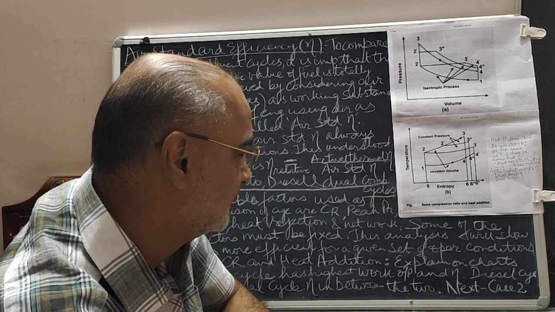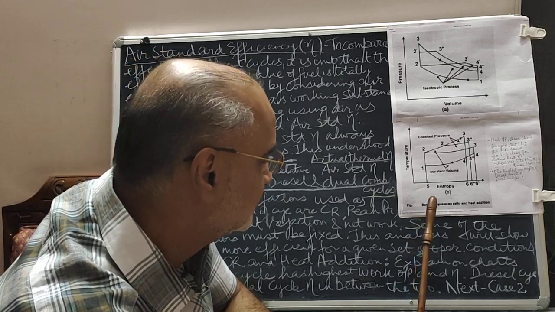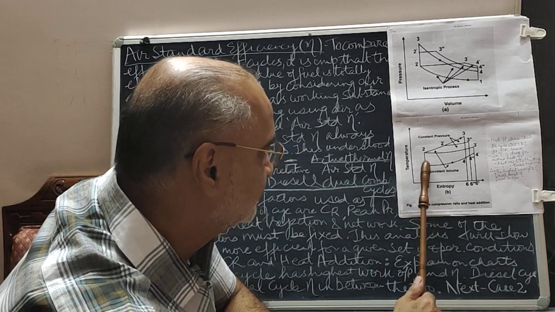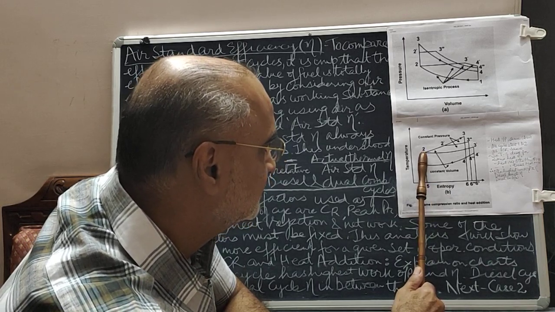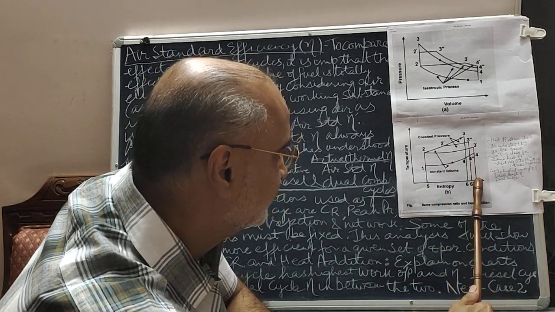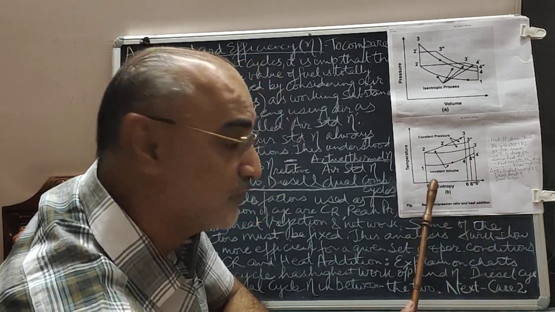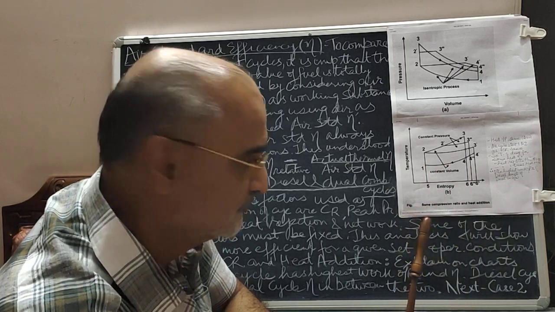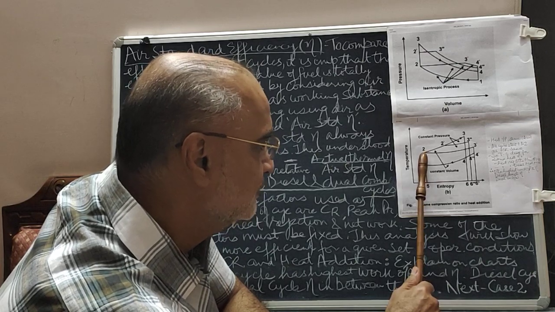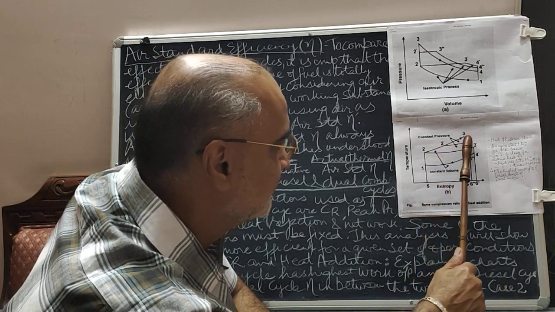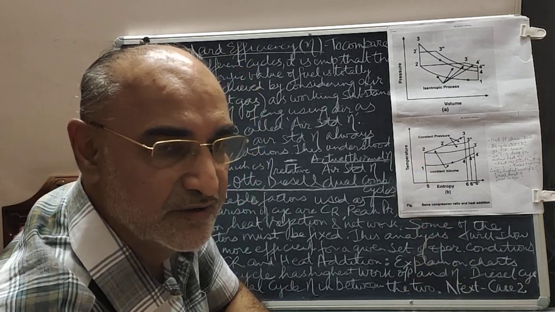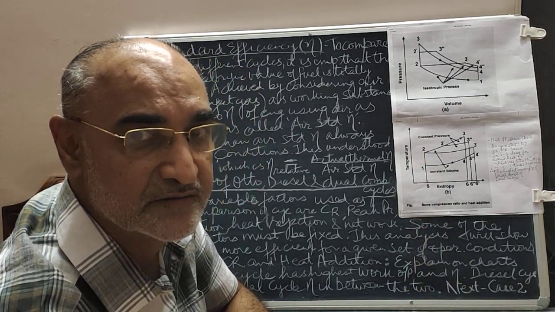You know this. For diesel, it is 5, 2, 3 dash, 6 dash. Now all these three areas are equal, which I am showing to you. For the dual combustion, 5, 2, 2 dash, 3 dash, 6 dash. All the three areas which I have mentioned are equal.